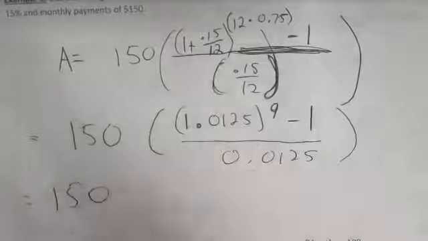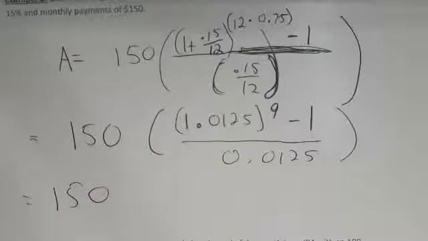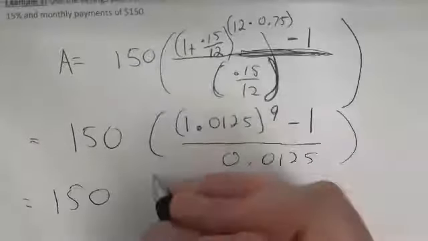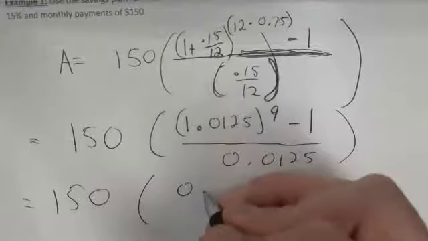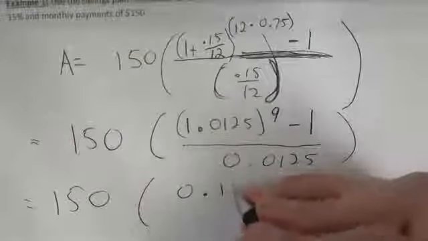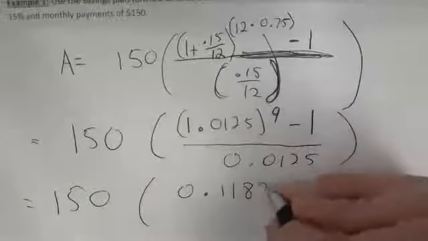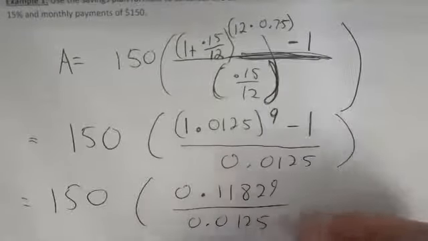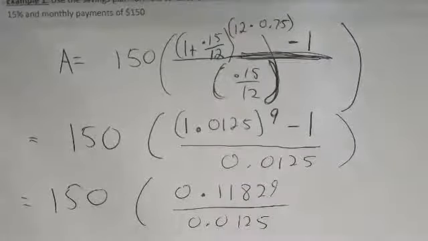What I'm getting is something like 1.11829, and I'm going to subtract 1. So I'm raising this to the 9th and subtracting 1. It should give me a 0 out in front, and something like 11829 on top. And I'm going to divide that by 0.0125 on the bottom.